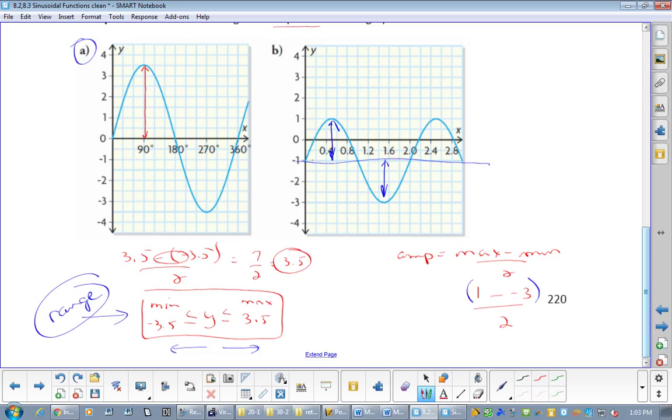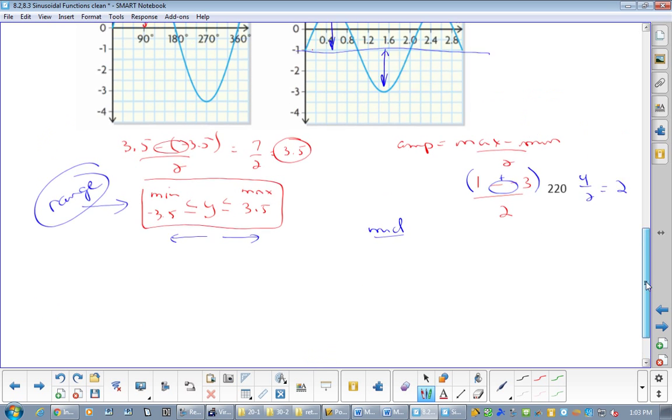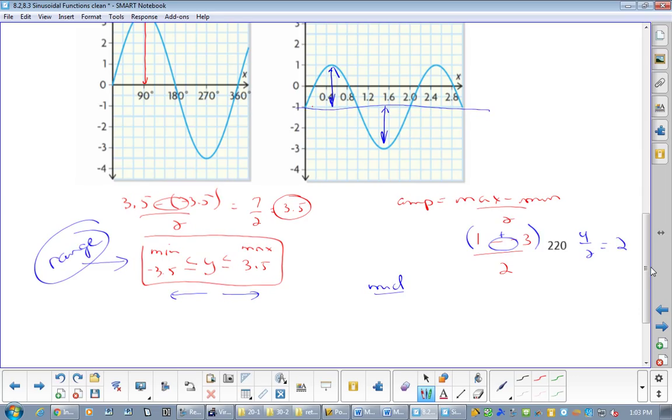So what's 1 minus negative 3? This is the same thing as going plus, 4 over 2, which equals 2. The amplitude is 2. Now, I want to prove to you that the midline's negative 1, because you guys didn't think it was. Visually it looks like negative 1, but I still want to prove it.